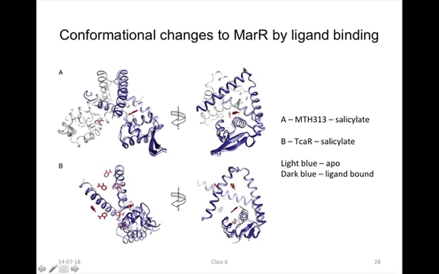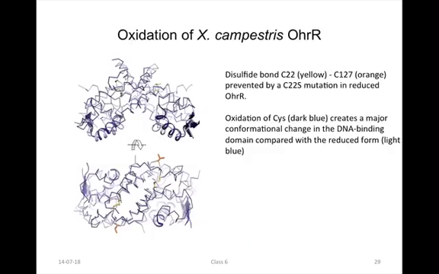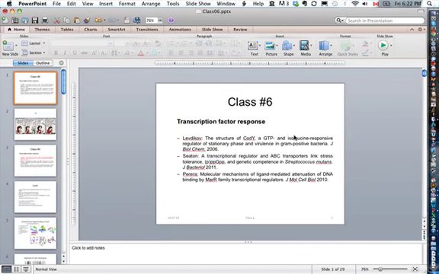And what they're showing in this image is that when it's bound or not bound, there's a bit of a conformational change due to the loss of the ligand in the structure. Next, what they're showing is the disulfide bonds are important. And that's the paper, I think. Yep, that's it. Thank you.